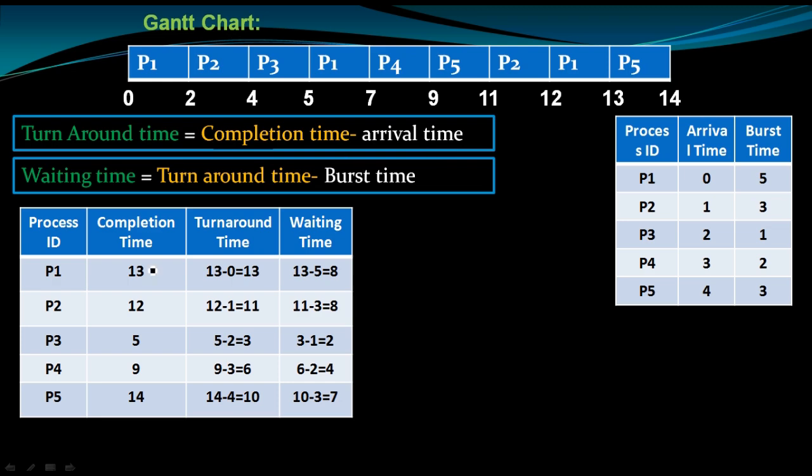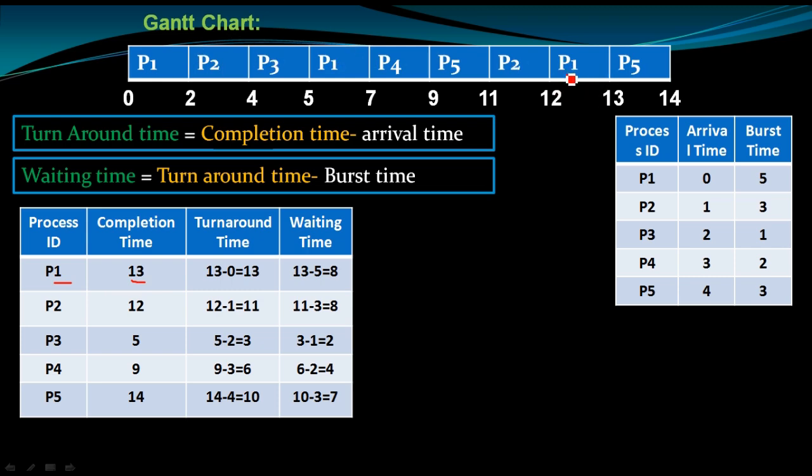Now let us come to this table and first calculate the completion time. So P1, when is P1 completing its execution? P1 is completing at the 13th nanosecond. So go to the Gantt chart and find out where P1 completes its last execution.